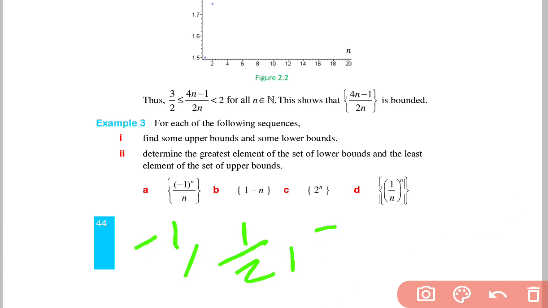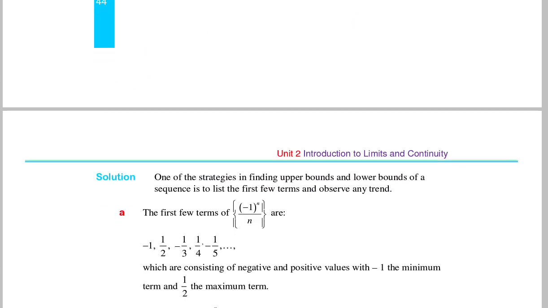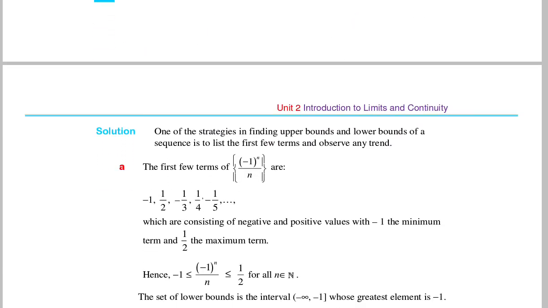Okay, let's jump on B. The solution of this: the terms are -3, -1, 3, where the negative and positive values alternate. The minimum and the maximum terms: -1 is the minimum and 1/2 is the maximum term. -1 is minimum.